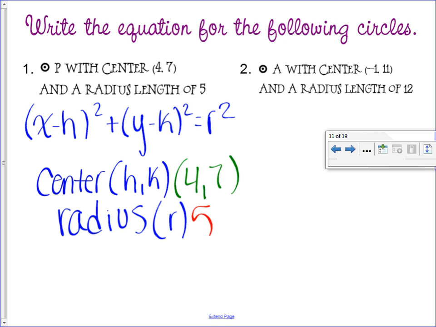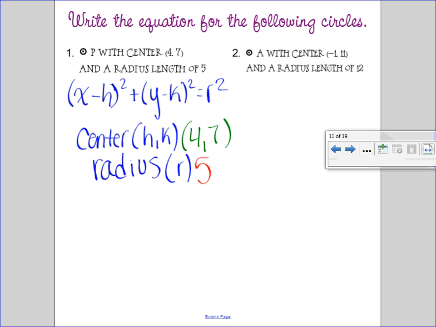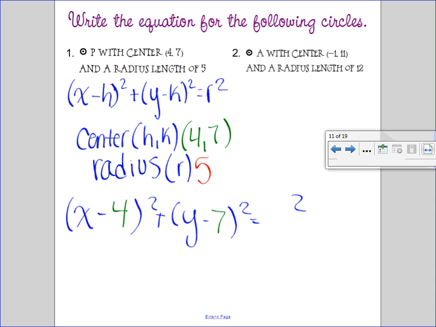Okay. So now all I'm doing is just re-plugging it in. All right, so I have X minus, so my H was 4, my Y was 7, and then my radius was 5.